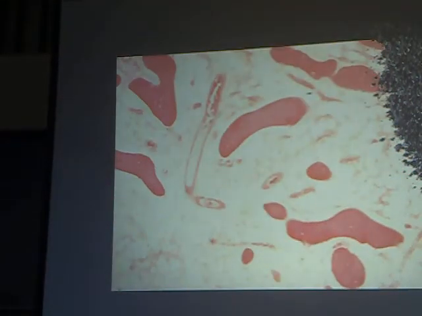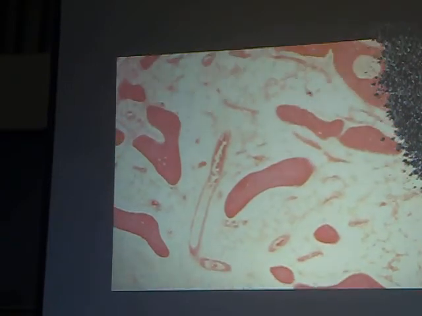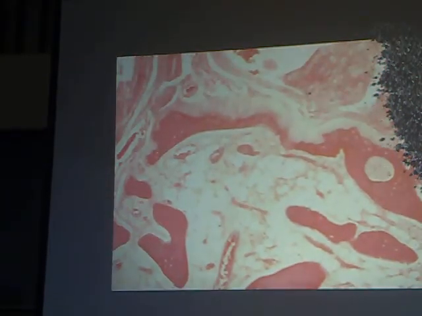Now, our next slide is labeled as rheumatoid osteoarthritis. What particular organ is affected? The joints, okay? Now, what type of tissue is pointed? How about that one?